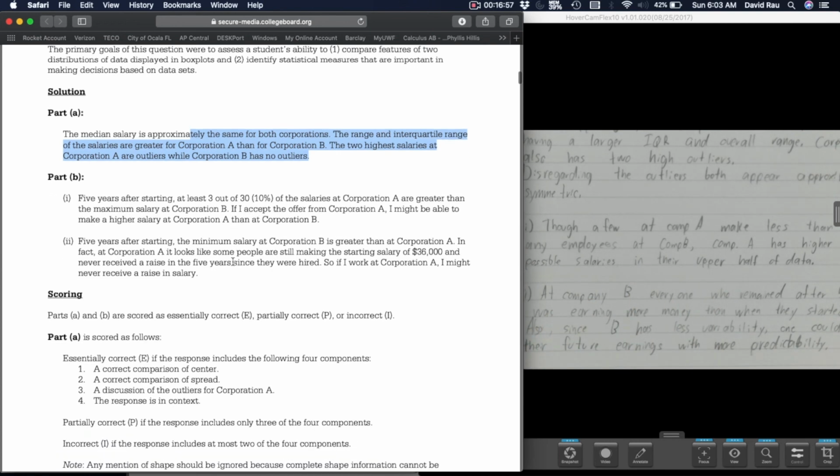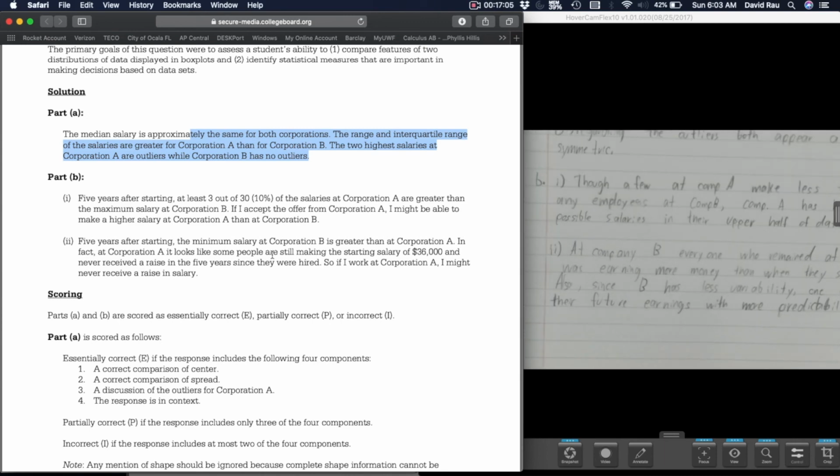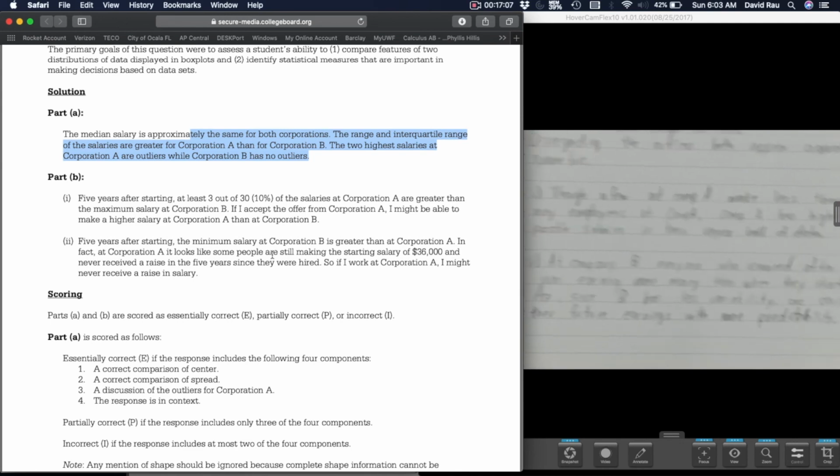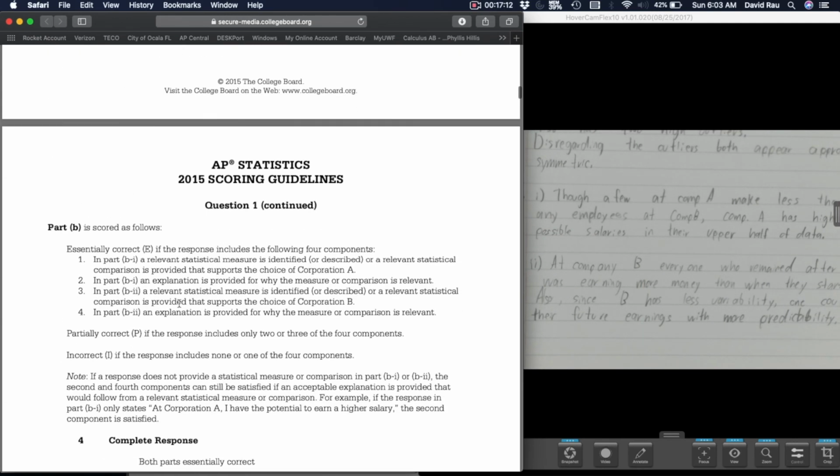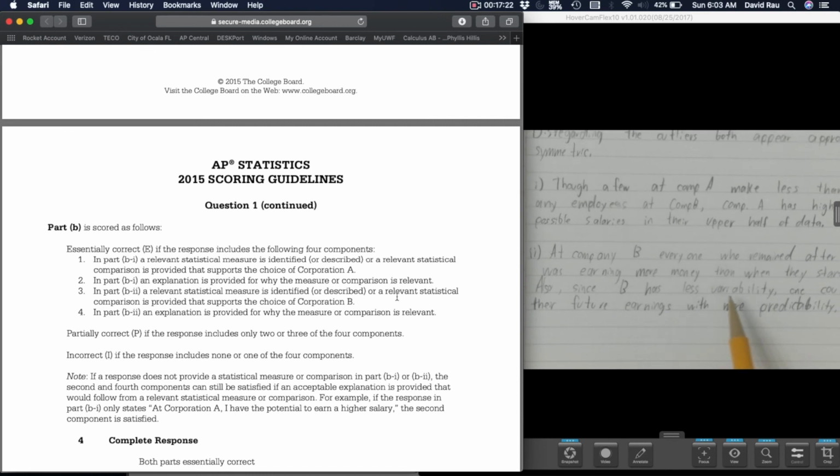So be careful about that. 5 years after starting. So I think at part 2, I'm definitely raising that statistical measure. And I'm also talking about variability here.